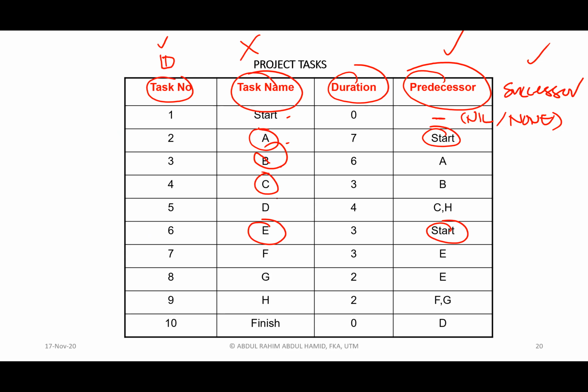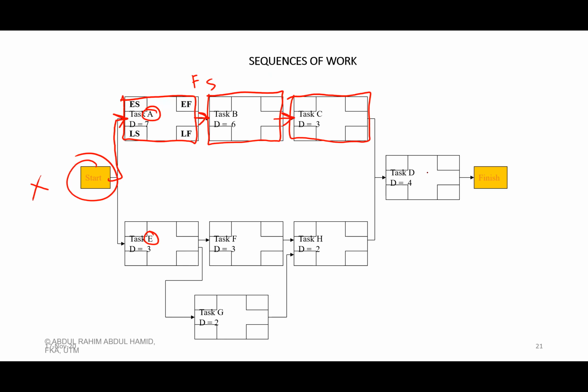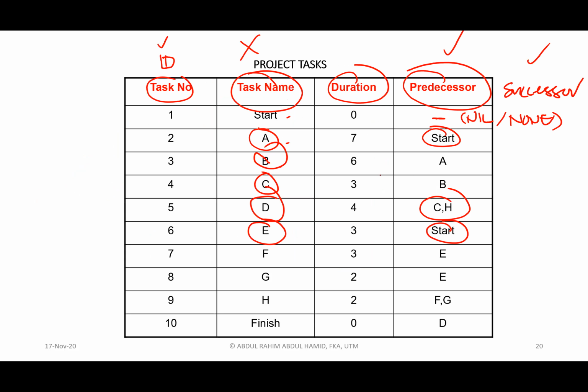Let's give one or two more examples. How about D then? For D, there are two activities, C and H. So you can draw D first. It is coming from C, and then it is coming from H. So you can draw H and then connect from that. All right. Then, how about F?